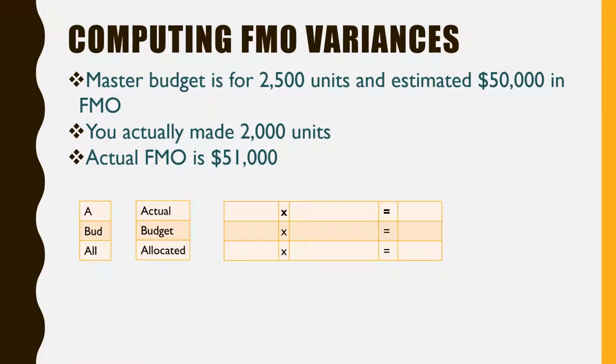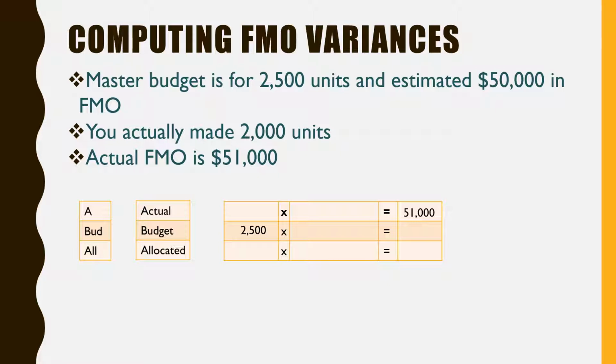So it's bad news, but we want to make it a little bit more complicated. So we'll use our table. The actual is normally just given. So our actual is 51,000. I've got the 2,500 spinning because the budget is based on that budgeted volume.